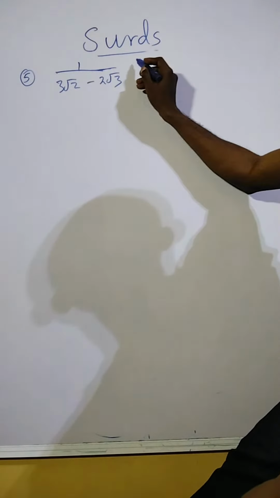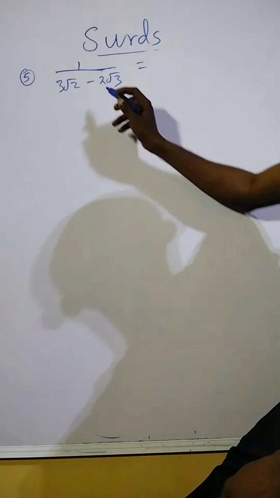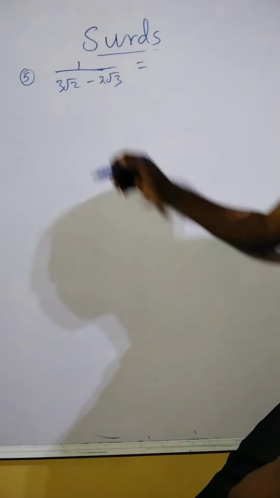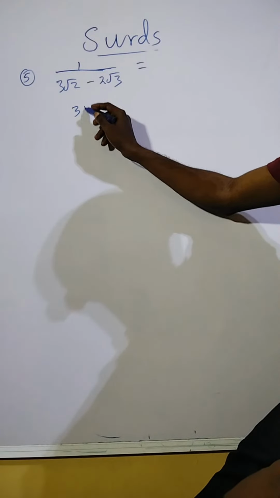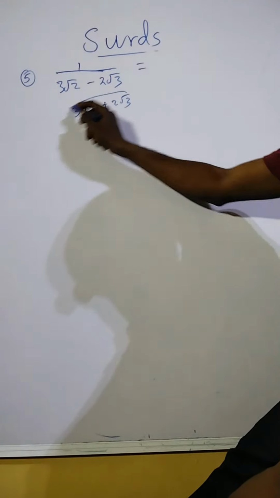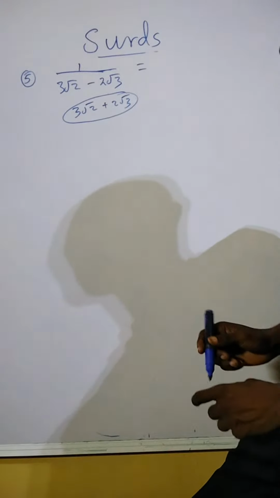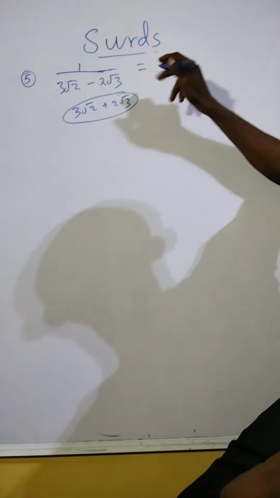Now, the same way we rationalize this particular surd and multiply the numerator and denominator by the conjugate of the denominator. The conjugate here is 3 root 2 plus 2 root 3. It is only the sign that changes in the conjugate of the surd. So use this now to multiply numerator and denominator.